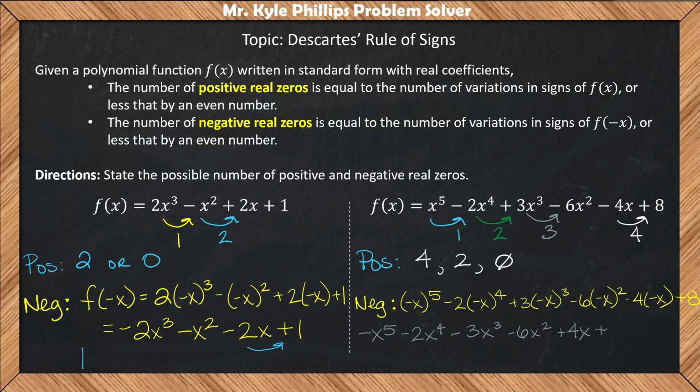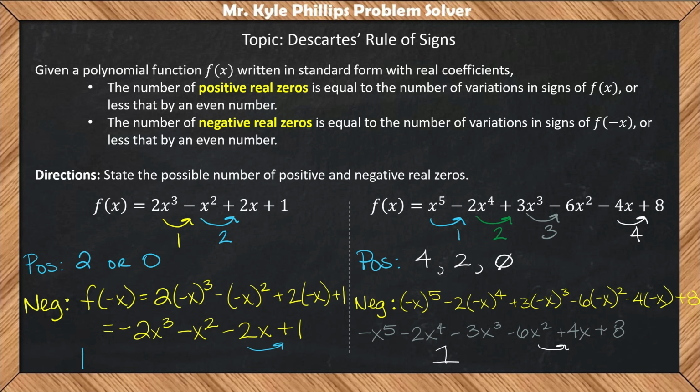So we'll try to make that a little bit neater. There we go. Not much better, but a little bit better. Now we're going to look at the sign variations here. So this was negative to negative, negative to negative, and so on, until right here. So there is only going to be one negative solution here.